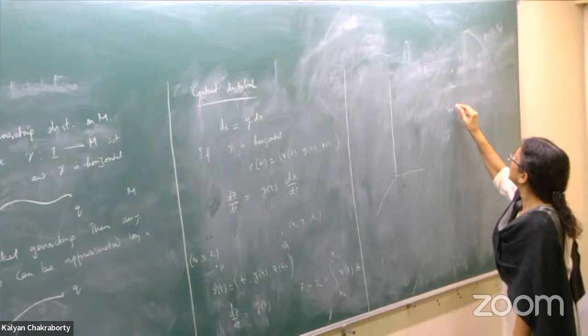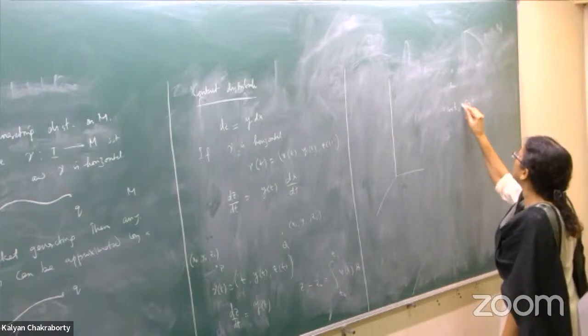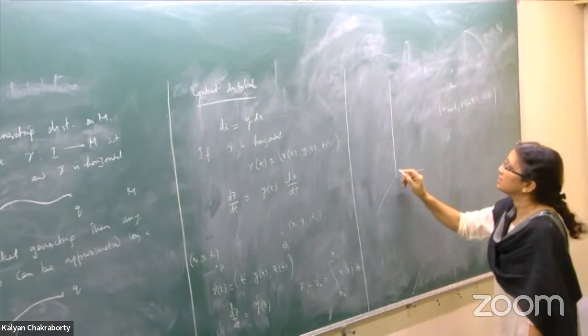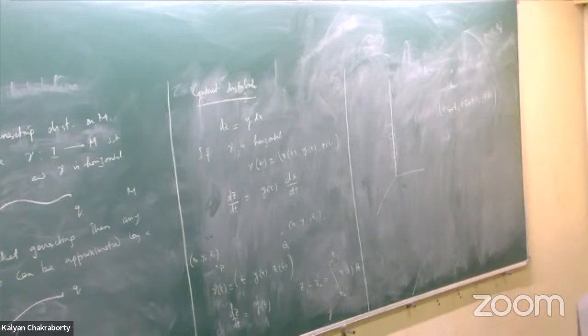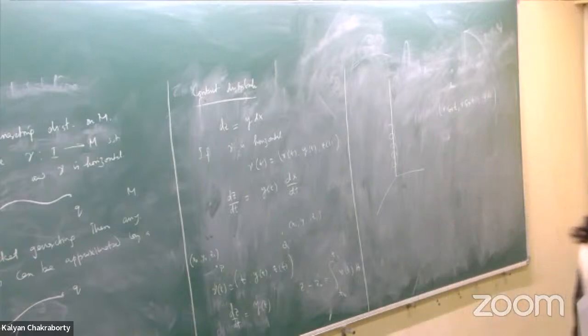So you can try with cos t, sin t with a very small radius, and you find an appropriate z(t) such that this becomes horizontal using the same equation that we have written down. So these are easily explainable in the contact case in three dimensions.